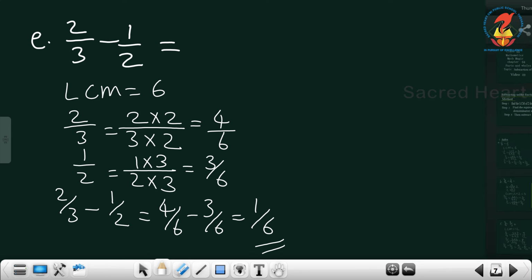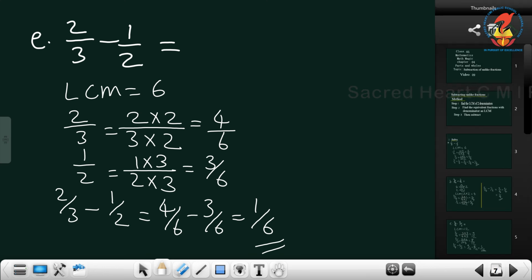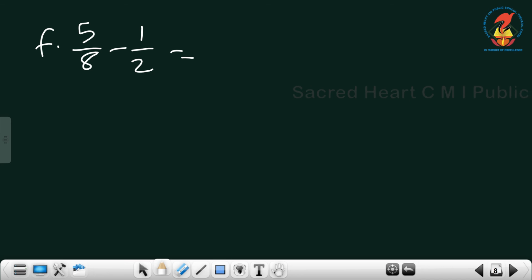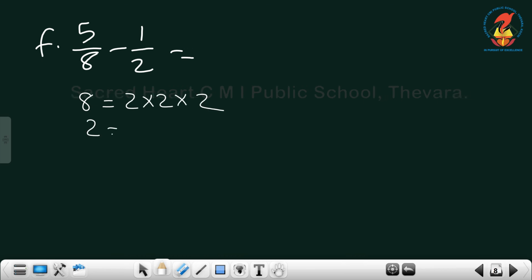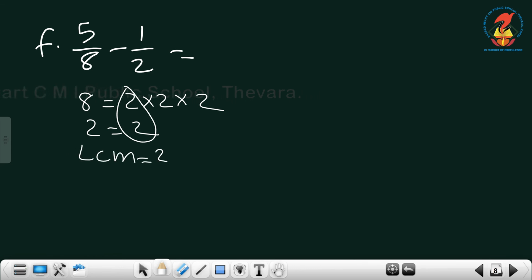Okay children. Then the next one is 5 by 8 minus 1 by 2. Here prime factorization of 8 is 2 into 2 into 2, and 2 is 2, and the common is 2. And after that LCM is what? LCM equals 2 into 2 into 2, that is 8. Okay.